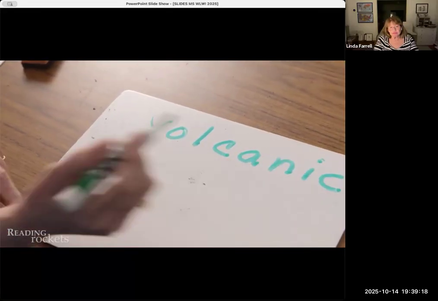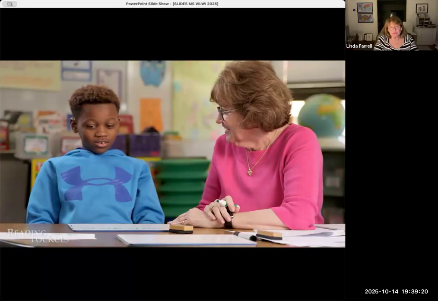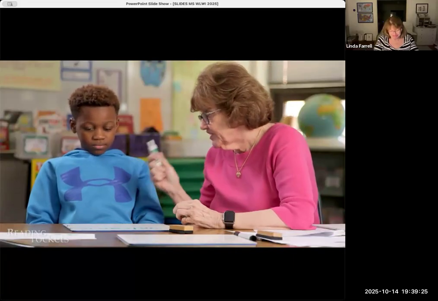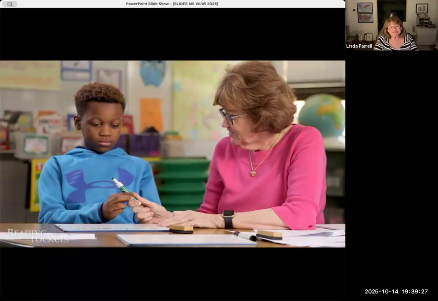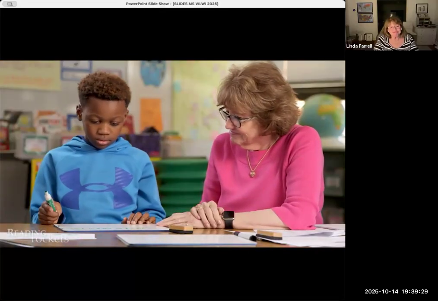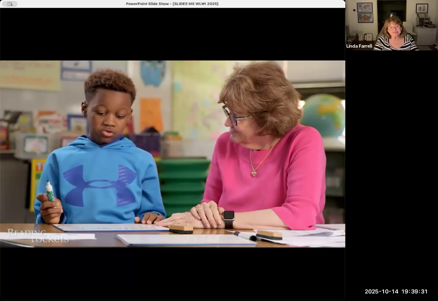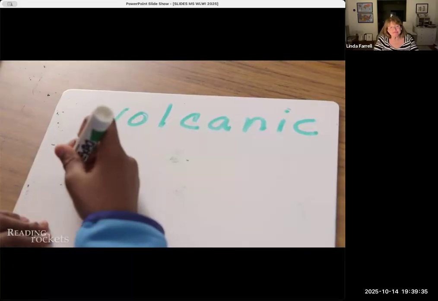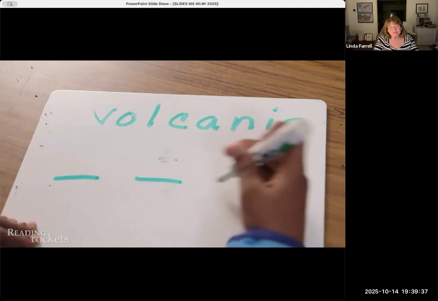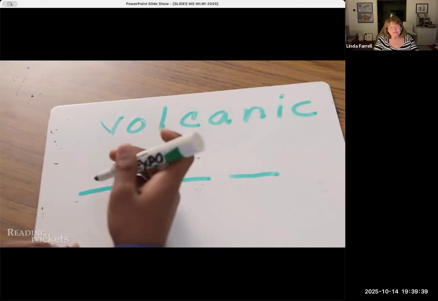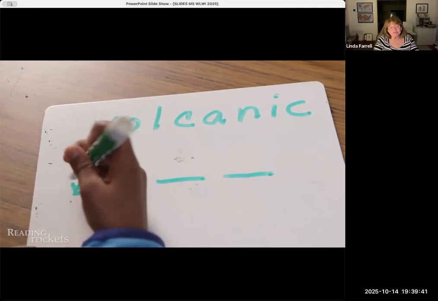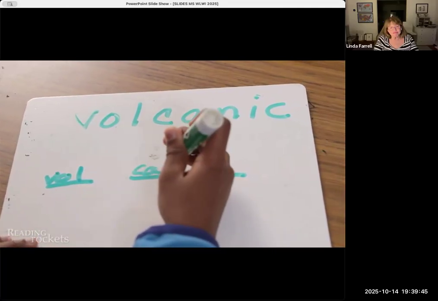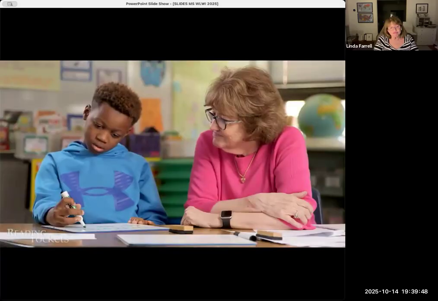Volcano. Oh, you got the first 2 syllables. You got the first syllable right. How many vowels do you see? 3. Together or apart? Apart. Okay, read each syllable.